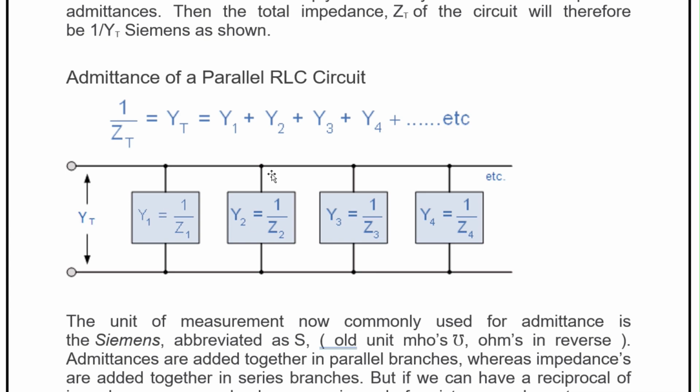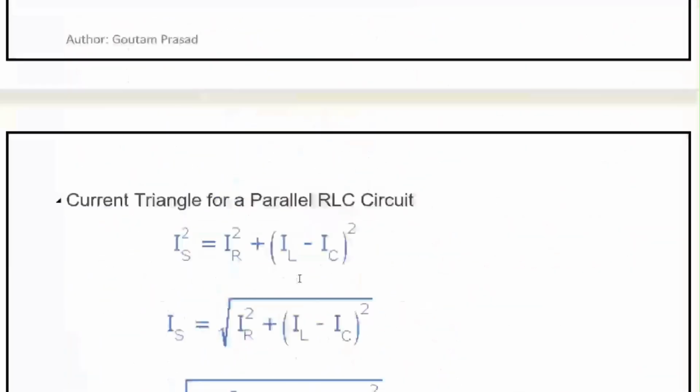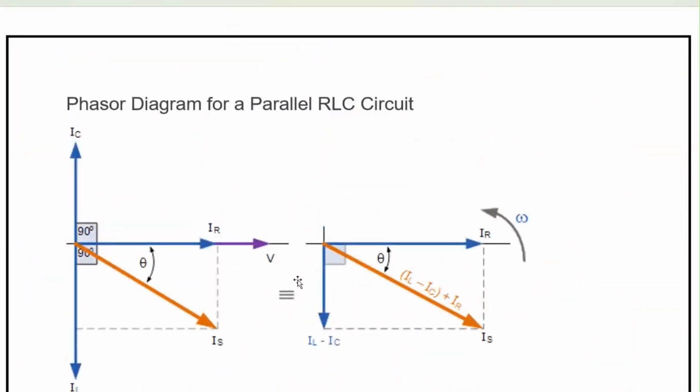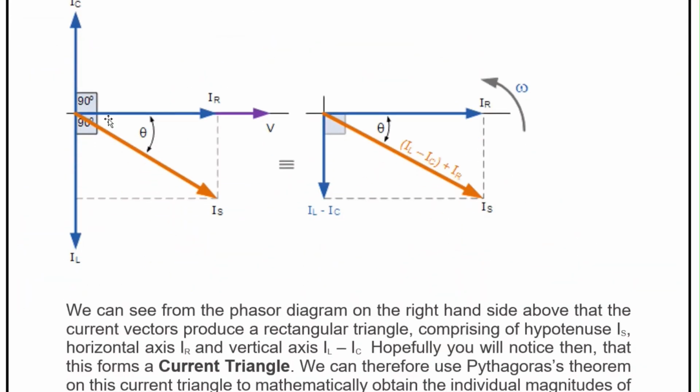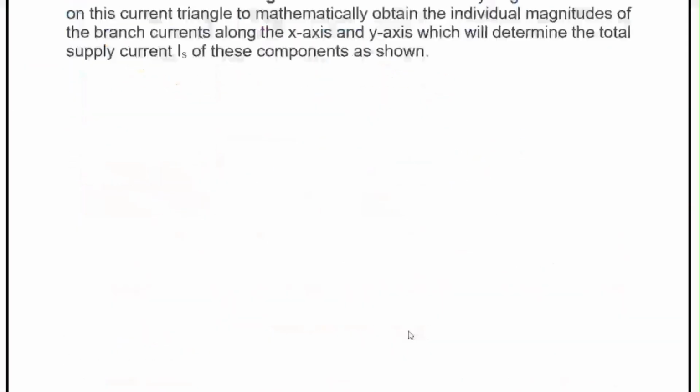This is the generalized picture of the parallel circuit, where the total impedance, or the inverse of the impedance, can be calculated by finding the admittance of this circuit and this circuit separately and summing them up.